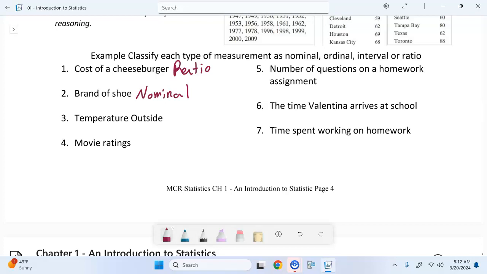The temperature outside is what? Frightful. But what level of measurement is it? Because it could be 0 degrees, but 0 is a position on the scale. 0 degrees does not imply no temperature, except on the Kelvin scale.